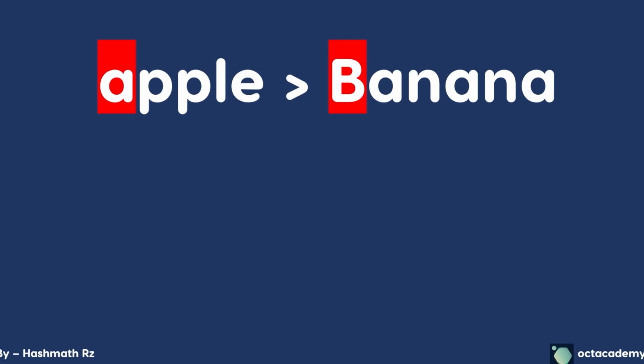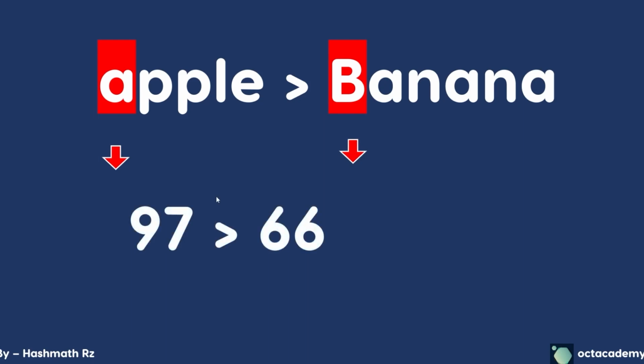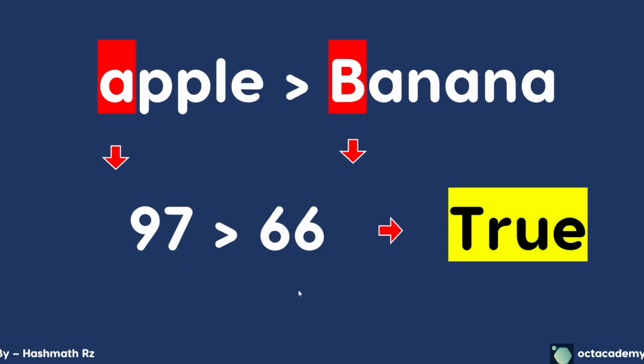So if we had apple with simple a and Banana with capital B as the comparison values, the result would be true because the lowercase a has a higher Unicode value than the uppercase B. The lowercase a Unicode value is 97 and the uppercase B Unicode value is 66. So in this case, 97, or the lowercase a, is greater than 66, or the uppercase B. Hope you guys got the idea.